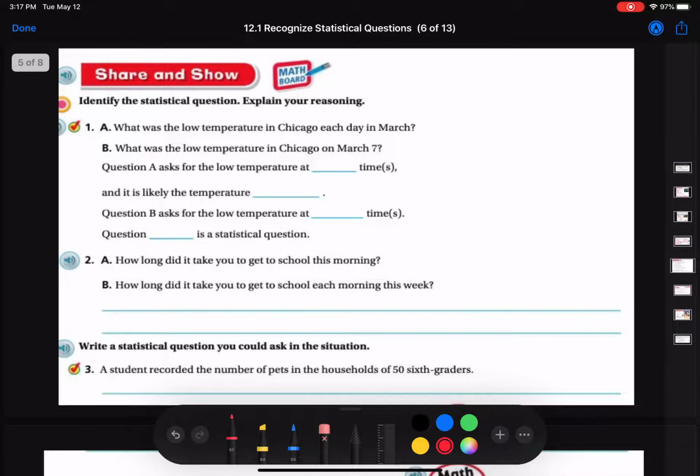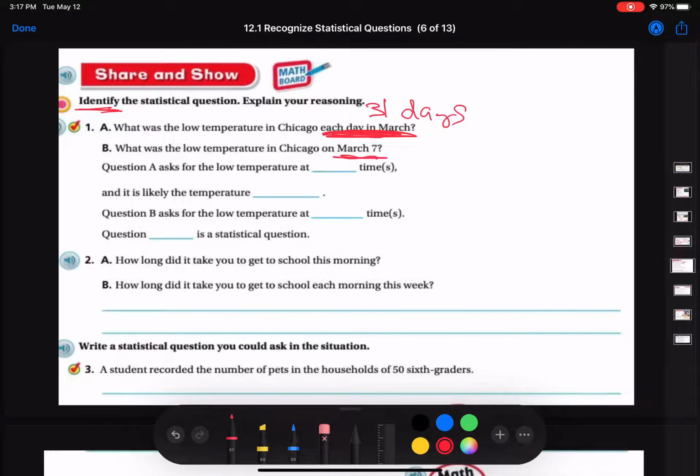Okay, so here's some more examples, but here you have to identify. Only one of them is a statistical question. So like A, what was the low temperature in Chicago each day in March? That tells me that's a statistical question. So you got 31 days here, so you're going to be looking at 31 days. Whereas B, what was the low temperature in Chicago on March 7th?